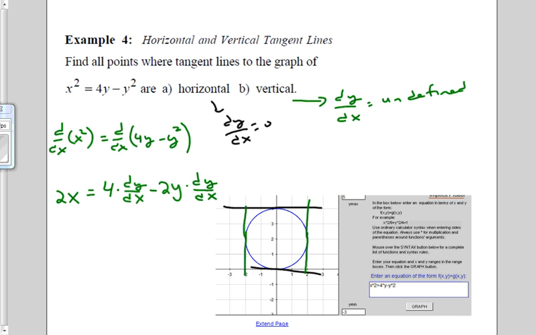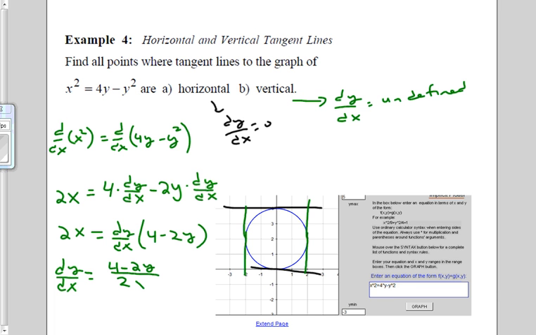If we factor out a dy/dx, we get 4 minus 2y equals 2x. Solving for dy/dx, we get dy/dx equals 4 minus 2y over 2x.